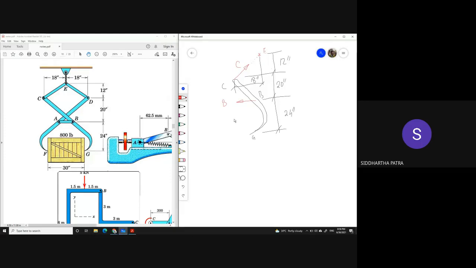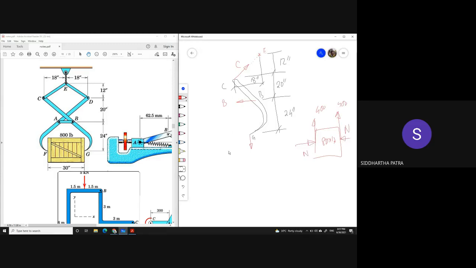The physical part of the problem is that this block can only be lifted from the ground by applying some normal forces. I know that the tangential force must be 400 lb, and that simply comes from the equilibrium of the 800 lb block, 400 and 400, and some normal force here, the opposite normal force there.